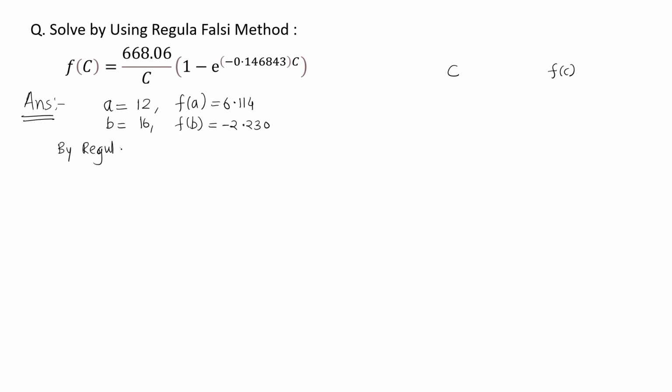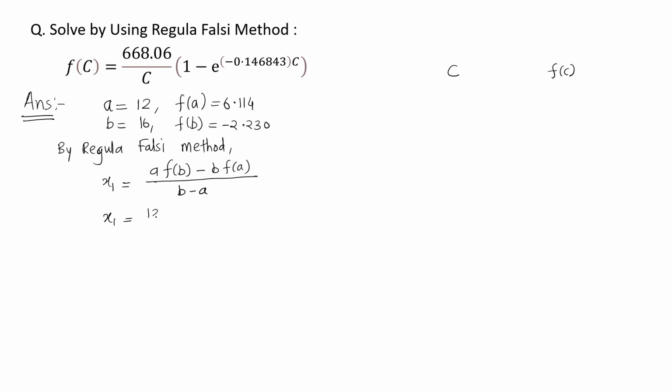By the regula falsi method, we know the formula: x1 is equal to (a f of b minus b f of a) upon (b minus a).